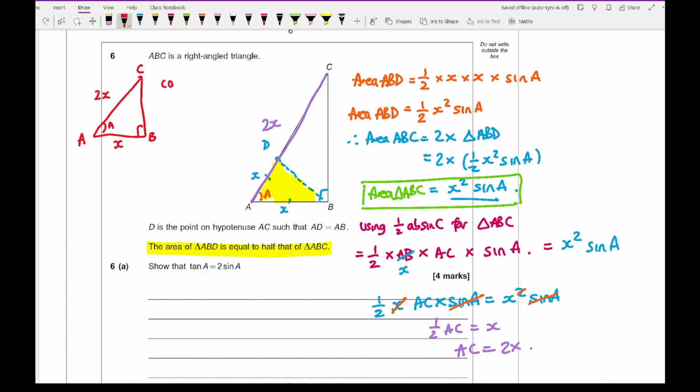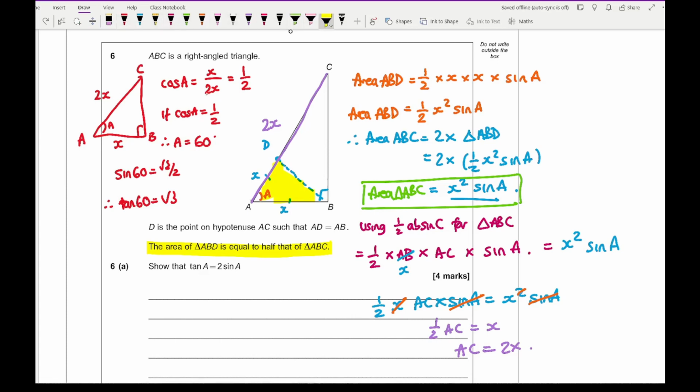So then I know that cos A, which is adjacent over hypotenuse, is going to be X over 2X, which is equal to a half. So if cos A equals a half, using the exact values of trig, I get that angle A is going to equal 60 degrees. Then sine 60 is root 3 over 2, and tan 60 is root 3.